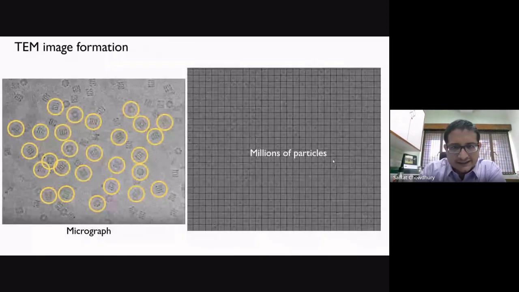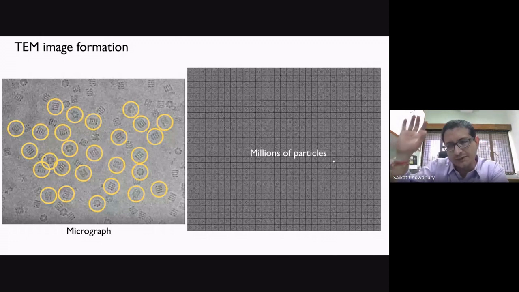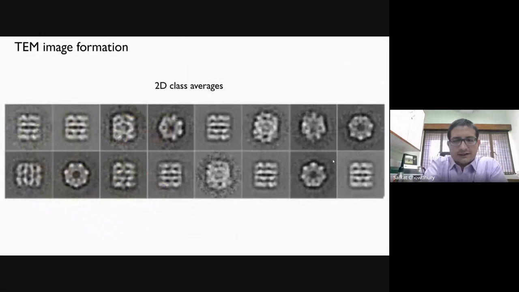So then we isolate these individual particles, we crop them out from these micrographs, and we get a montage of several hundreds of thousands to millions of particles. And then, computationally, these are classified or sorted and aligned with respect to each other. Then you sum up all these particles in these different classes, and you get these high-contrast 2D images.